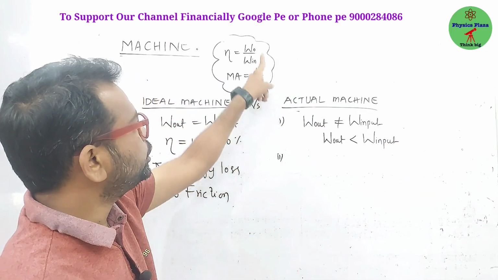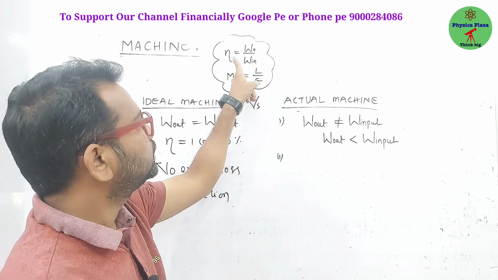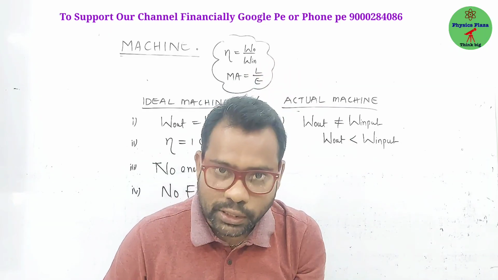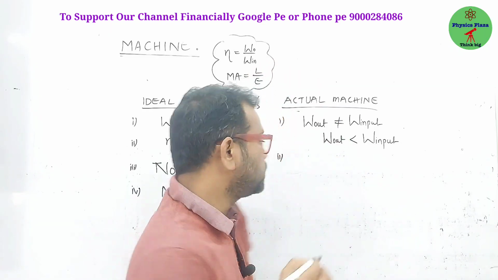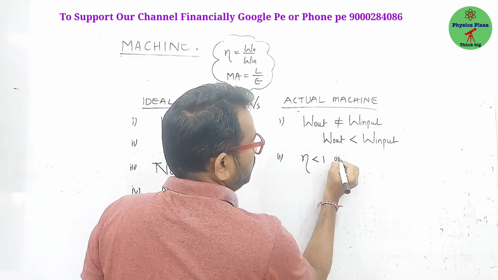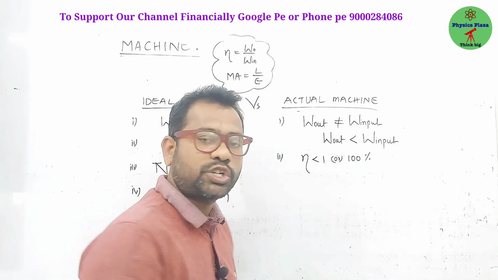So work output is the numerator. If the numerator were greater than the denominator, then it could never be equal to 1. Greater than, no chance at all. Equal to, no chance at all. So efficiency of the machine is always less than 1 or less than 100%.